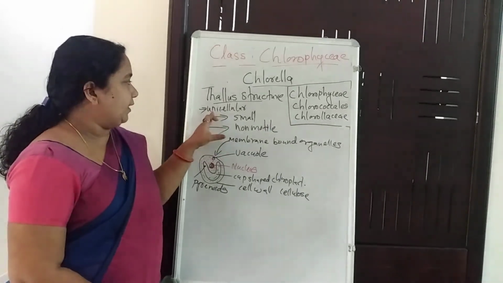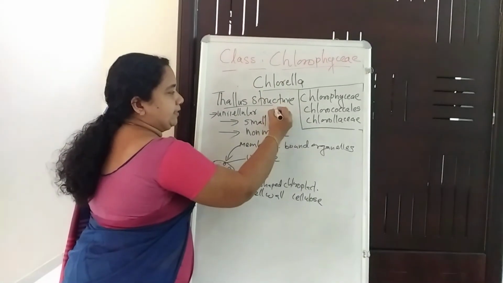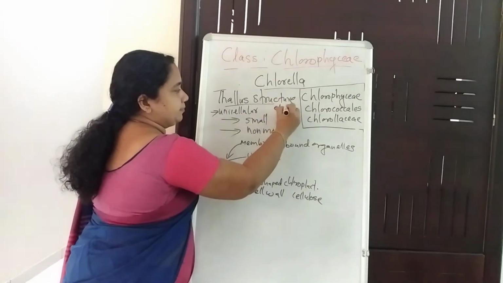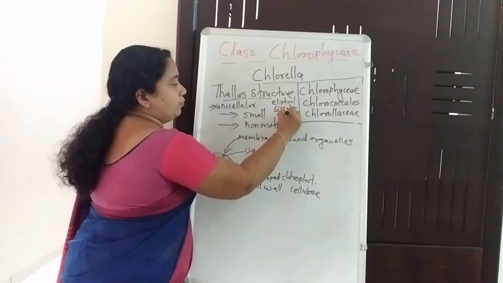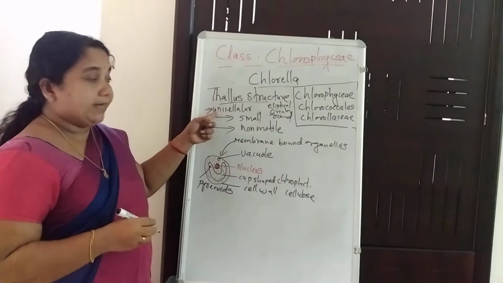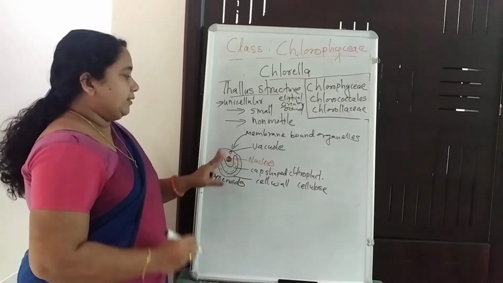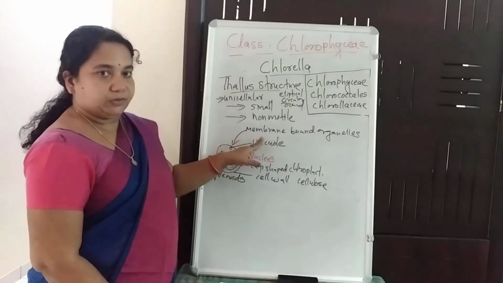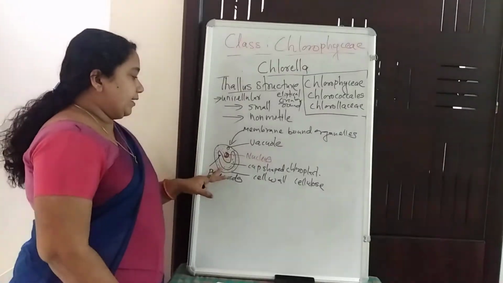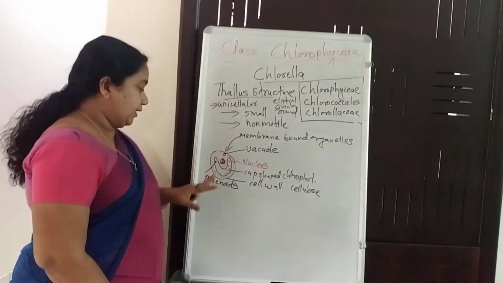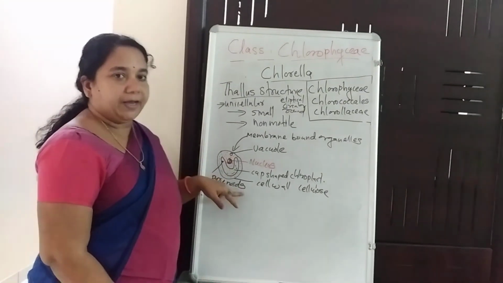Morphologically we can notice it is unicellular, and when we look at the outside we can see that it is an elliptical or circular or round structure, small, non-motile, that is, no flagella. It has membrane-bound organelles, a vacuole, a nucleus, a cup-shaped chloroplast, and a cell wall with a cellulosic structure, and in the matrix of the chloroplast we can notice a single pyrenoid.